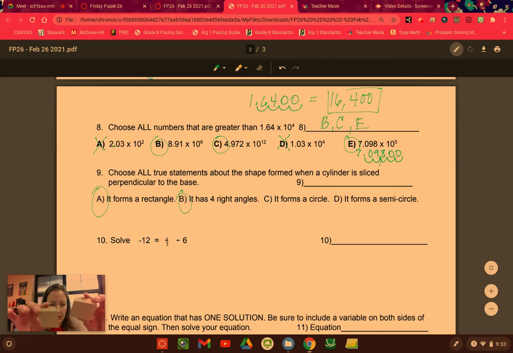C, it forms a circle. No. What does it make? A semicircle. Good, semicircle. So not this one. And D, it forms a semicircle. I think I just said it, didn't I? Semicircle. So perfect. My answer is A, B, and D.